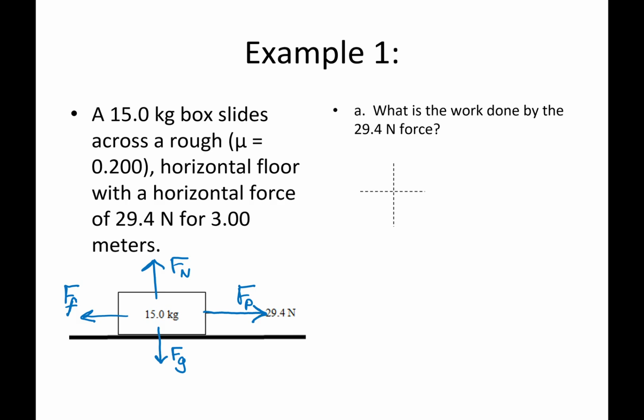So if you notice when we have what is the work done by the 29.4 Newton force, you have this step-by-step. Start by drawing the force vector and the displacement vector, each starting at the origin. Okay, I'm going to put my 29.4 Newton force of the push, and my displacement vector is also to the right, that's that 3 meters.